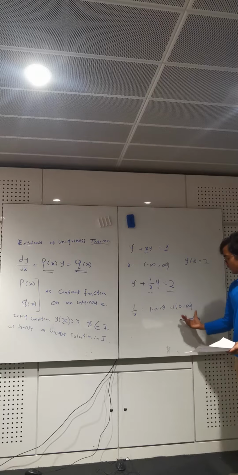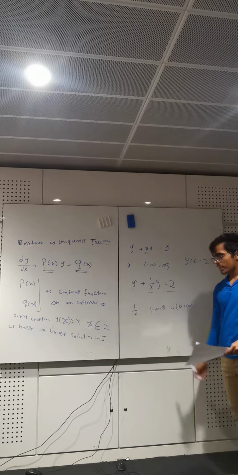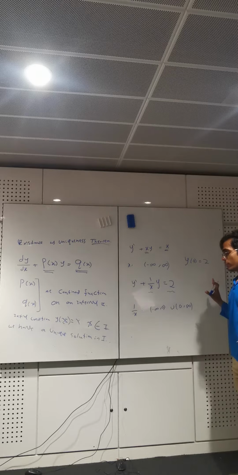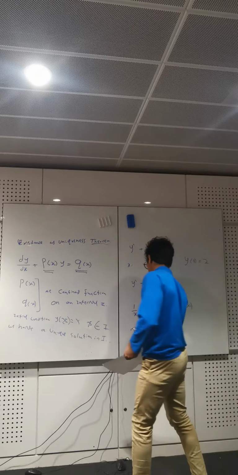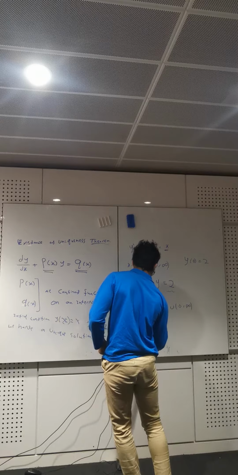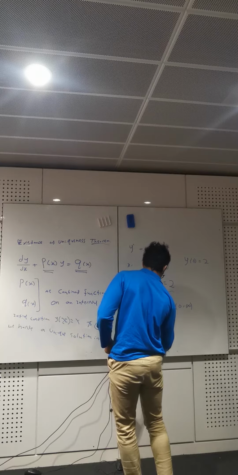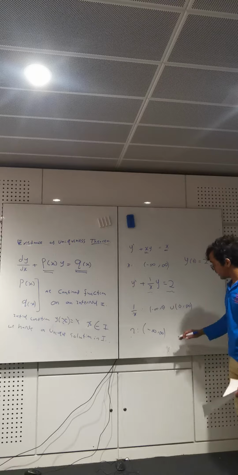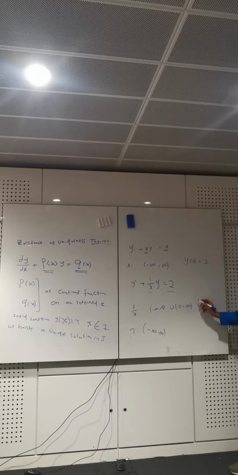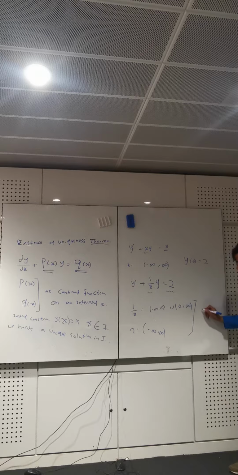So we have two intervals where 1 over x is continuous. These are the biggest two intervals. 2 is continuous from negative infinity to infinity. So once we take the intersection, the overall thing is continuous from negative infinity to 0, union 0 to infinity.